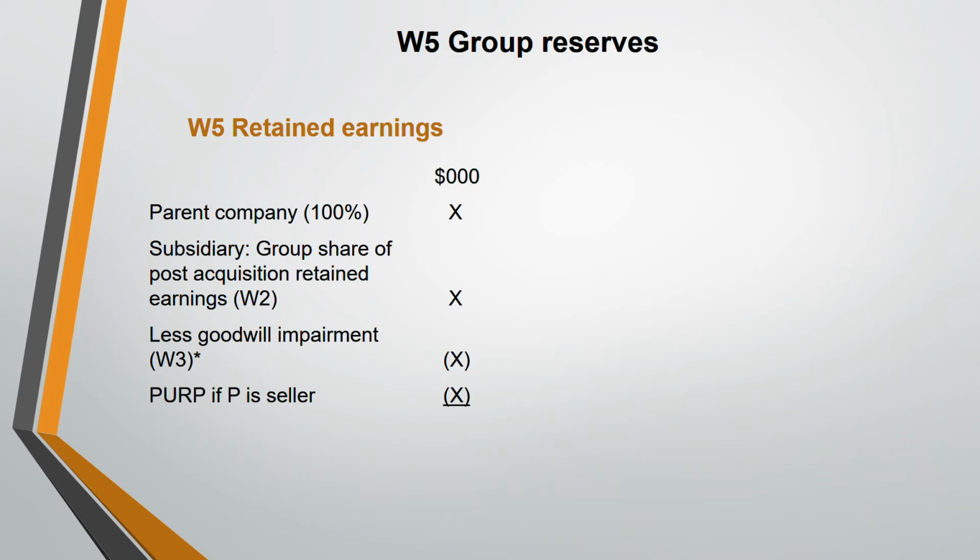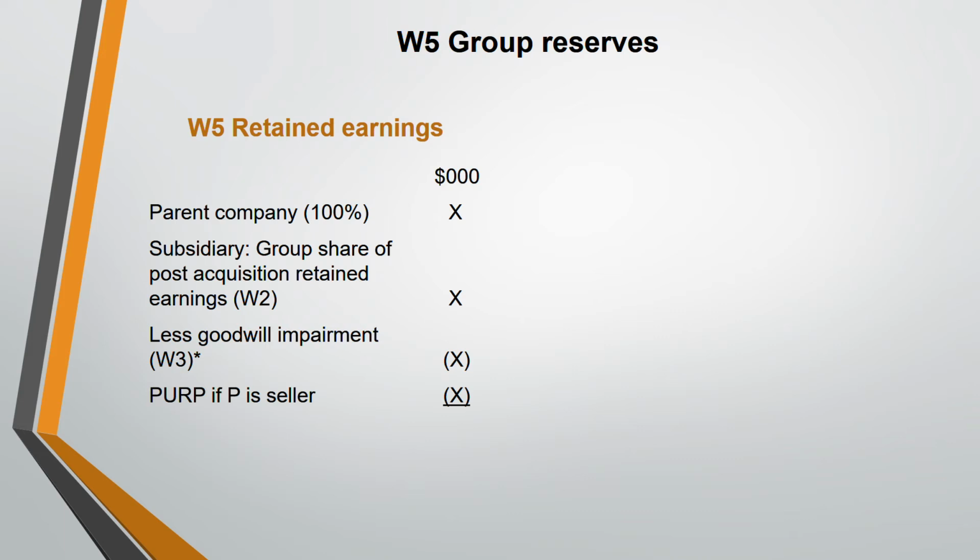PURP if P is seller. I have told you when we were calculating net asset that when S, the subsidiary, is selling, you are deducting it from net asset there. But when P, the parent, is selling to the subsidiary, whoever is selling is recognizing the unrealized profit, so it will be deducted from him.